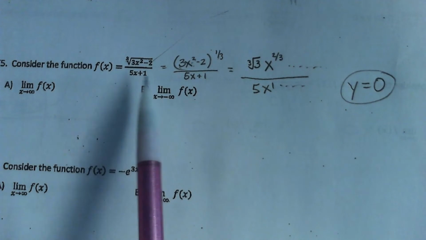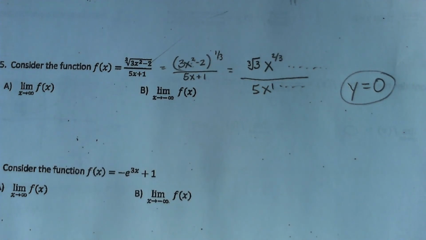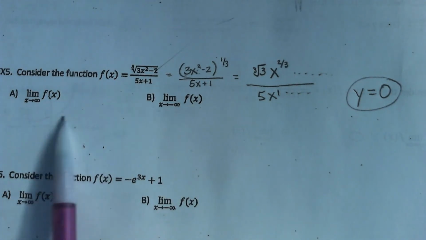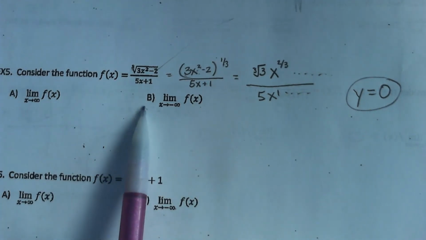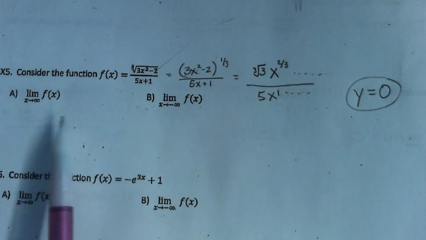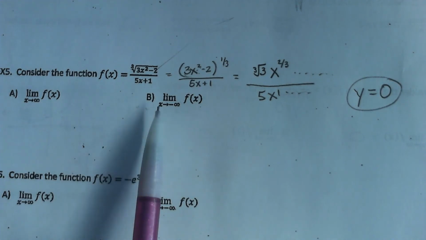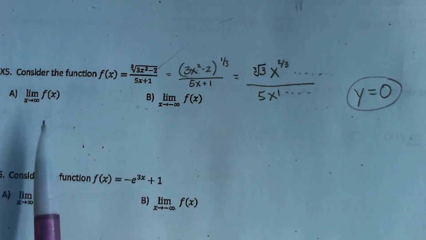Or are there any x values that wouldn't be feasible for 5x plus 1? Yep. Negative 1/5 would certainly be an asymptote, right? And we would care about that if we were asked for the limit as we approach negative 1/5. So good to know, but it doesn't really affect us here because we're not being asked about the behavior surrounding negative 1/5. We're asked for end behavior.